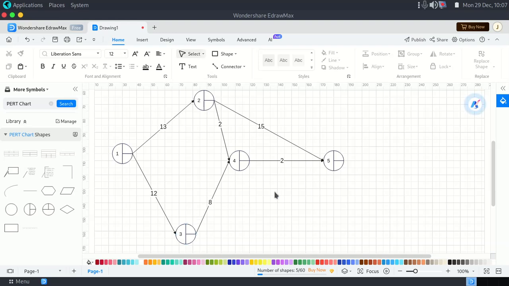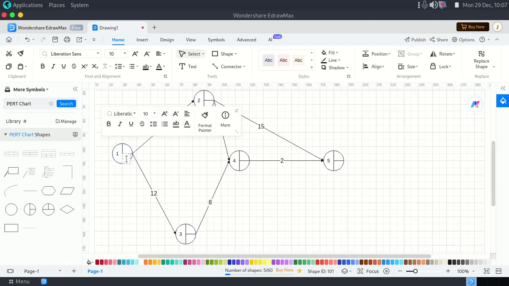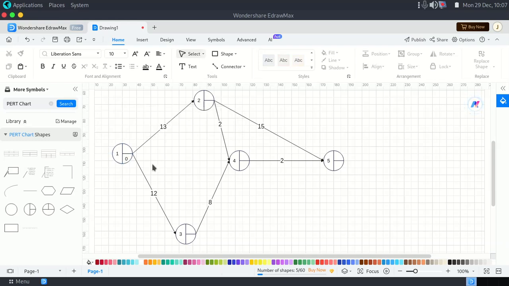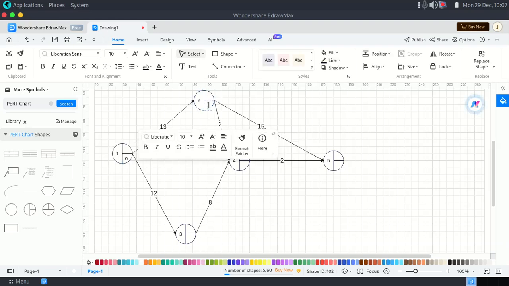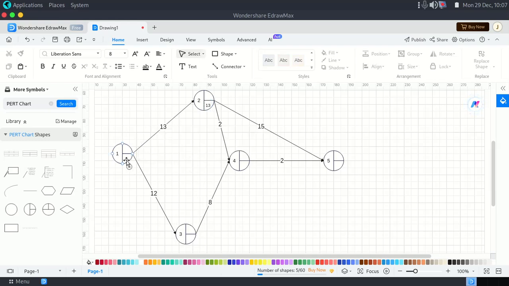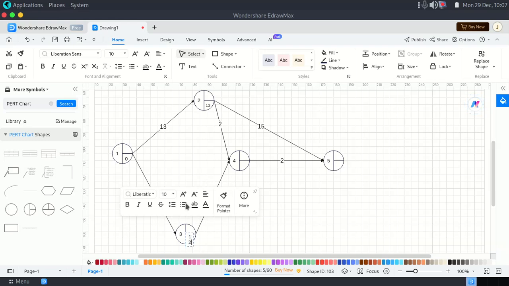So for the critical path, remember the first node will start at 0. Now in a forward pass we add, so 0 plus 13, we are getting 13. Then 0 plus 12, we are getting 12.